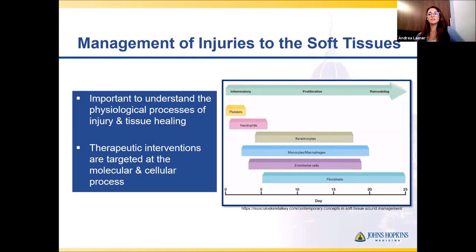The main three phases of soft tissue healing are inflammatory, proliferative, and remodeling. As you can see below, anywhere from 0 to 25 days. How soon we get someone in, right? It is always nice to get someone in sooner rather than later, so they're not in that compensatory mechanism, and they're helping healing and not delaying their healing.